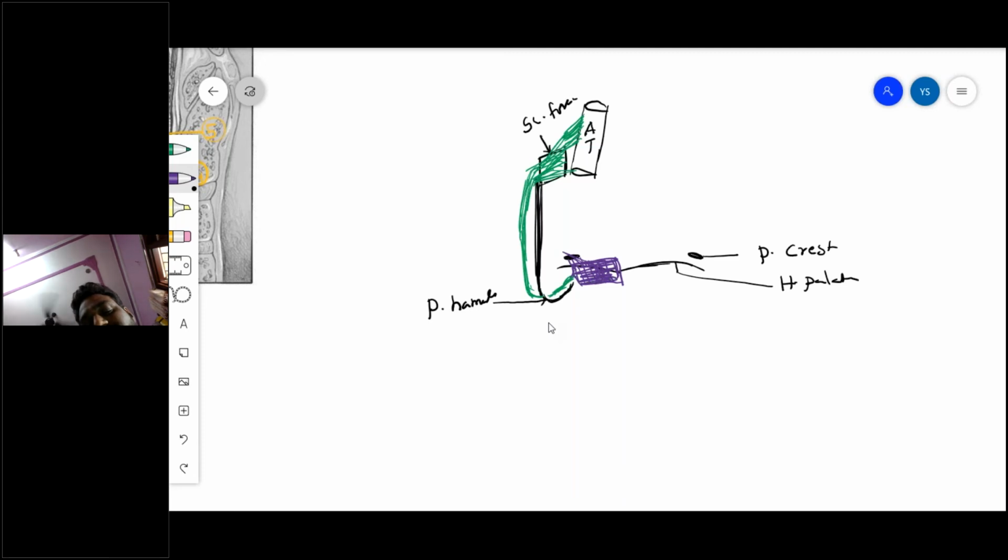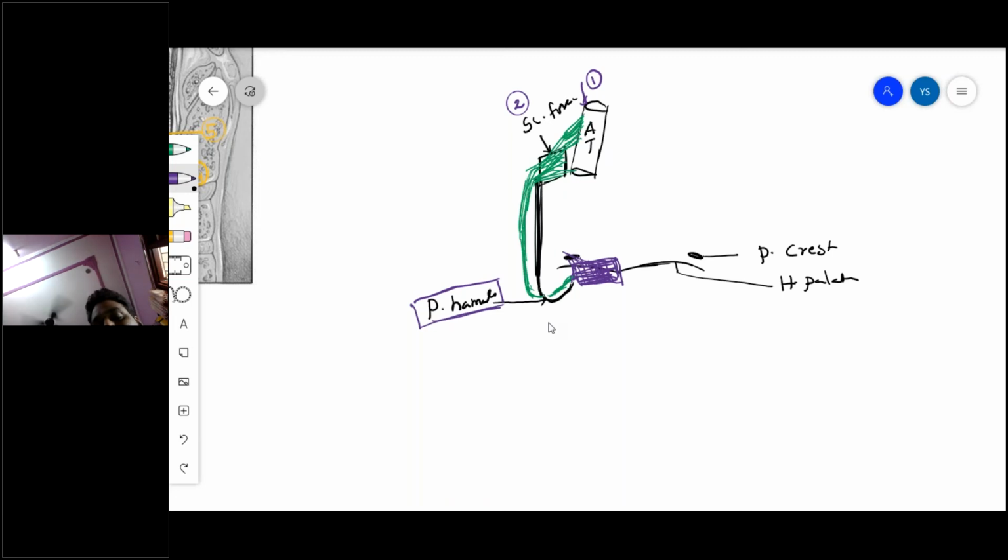So this is about the origin and insertion of the tensor veli palatini. Again, origin of the tensor veli palatini: number 1, auditory tube; number 2, scaphoid fossa. That is the origin. In its course, it winds around the pterygoid hamulus. This we have to highlight, and the direction changes.